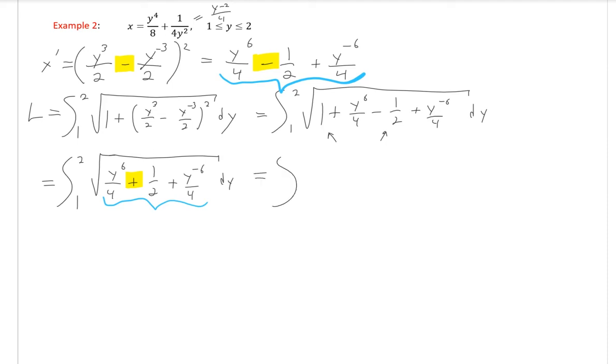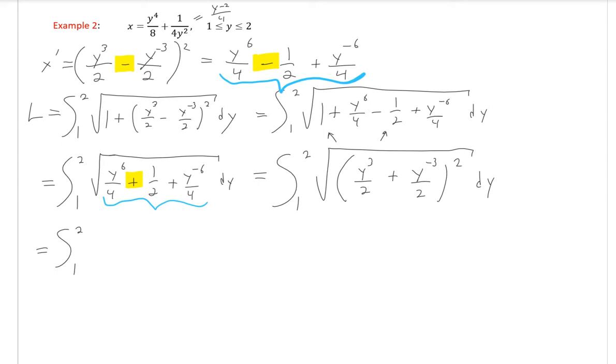So this actually becomes 1/2 square root of y cubed over 2 plus y to the negative cubed over 2 quantity squared dy. So now we just have 1/2. The square and the root will cancel, so we just have y cubed over 2 plus y to the negative cubed over 2 dy.